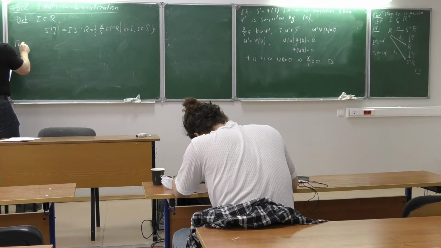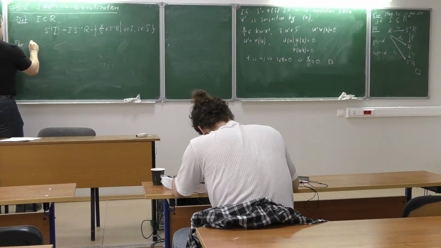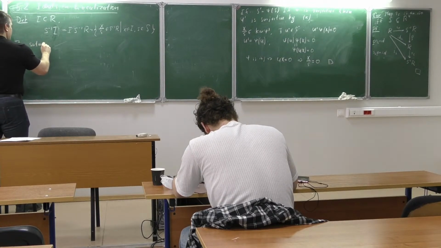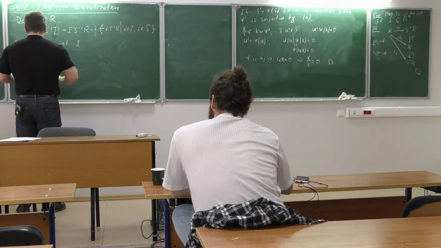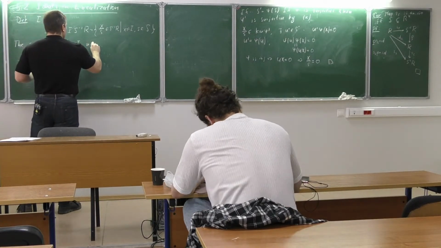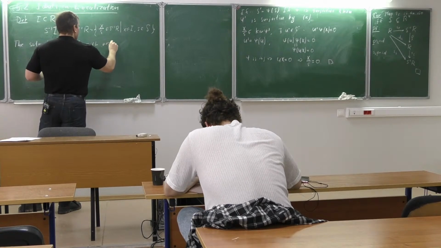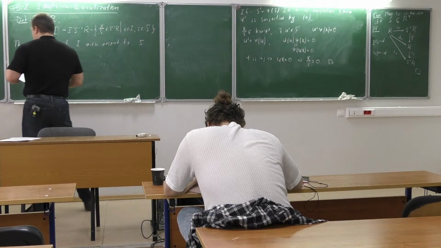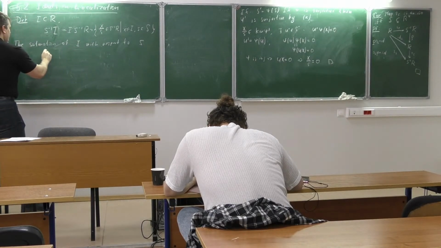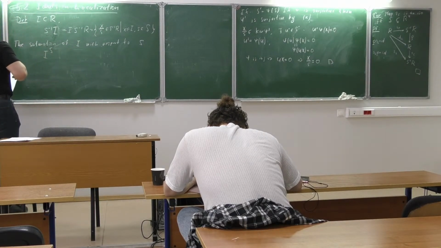The second part of the definition, the saturation of the ideal I with respect to some multiplicative set S, is the following thing. The notation is I^S.